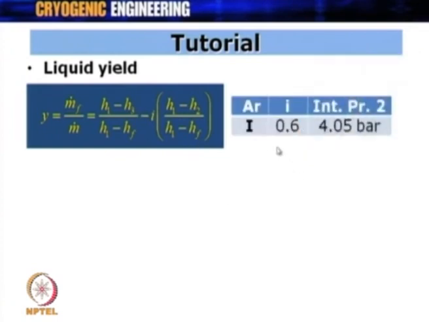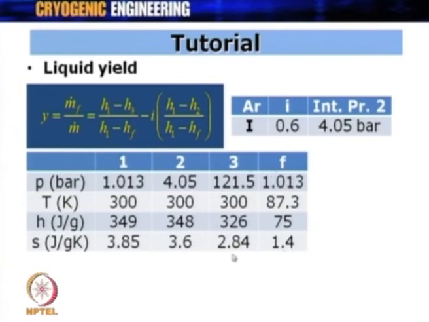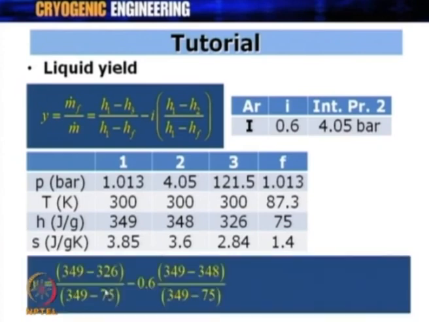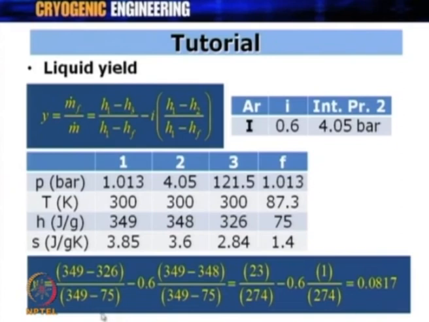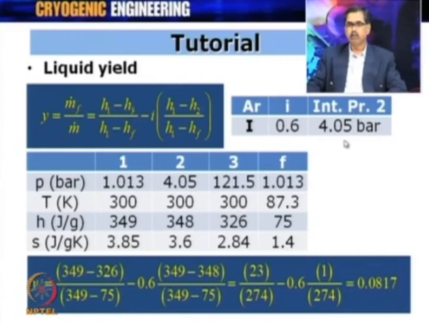So, the first is argon with I equal to 0.6 at the intermediate pressure of 4.05 bar, and the corresponding values are given over here for 1, 2, 3, 4, all the temperatures 300, 300, 300, 87.3, with corresponding enthalpy values and entropy values. If you put those values in this formula, what you get is 0.0817. So, Y for I equal to 0.6 and intermediate pressure equal to 4 atmosphere is 0.0817. That is my calculation.